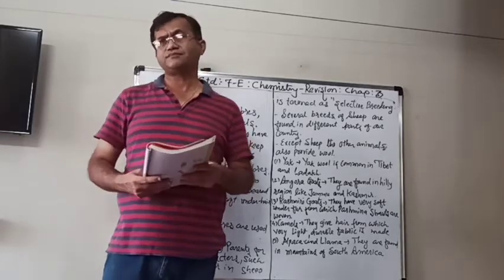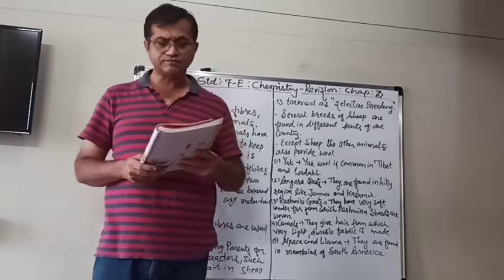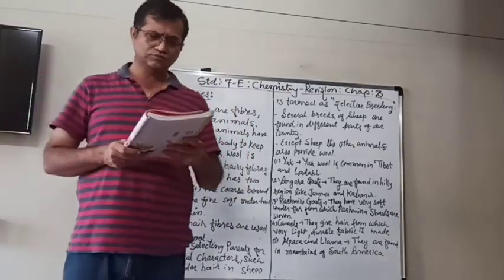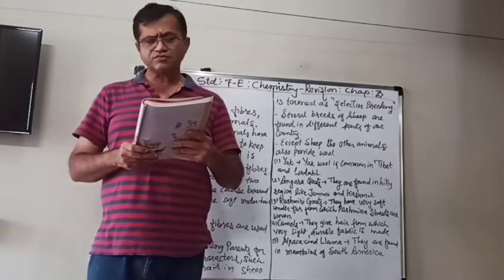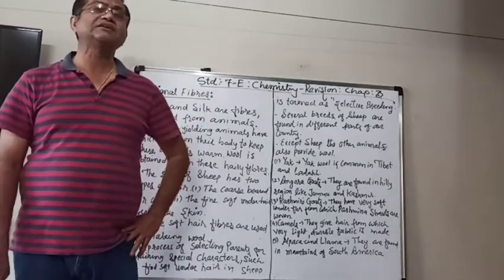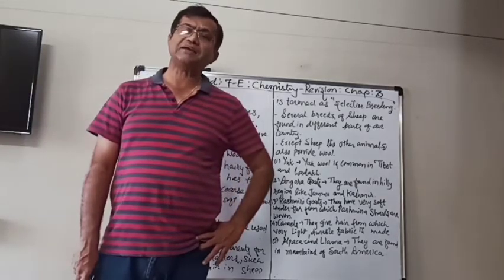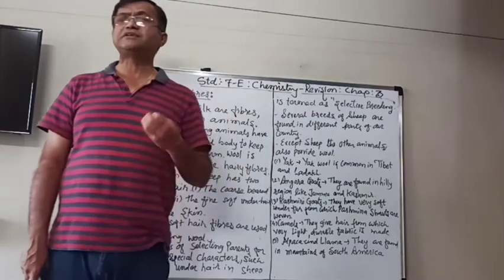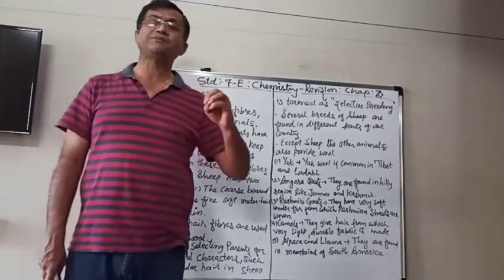This hair can trap the air, and also air is a bad conductor of heat. Therefore, these hair or the thick fur coating gives warmth to the animals, so then keep them warm.